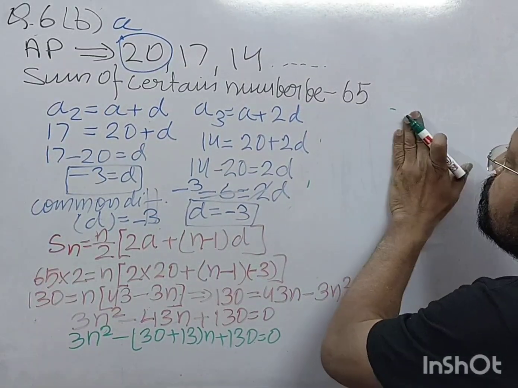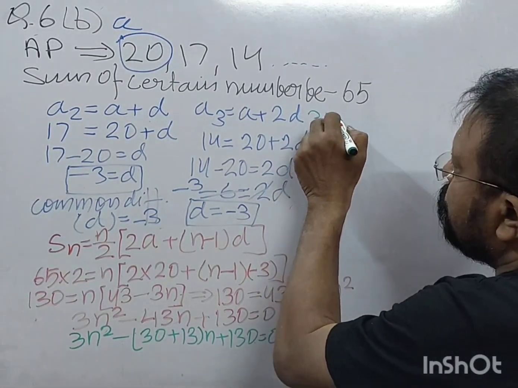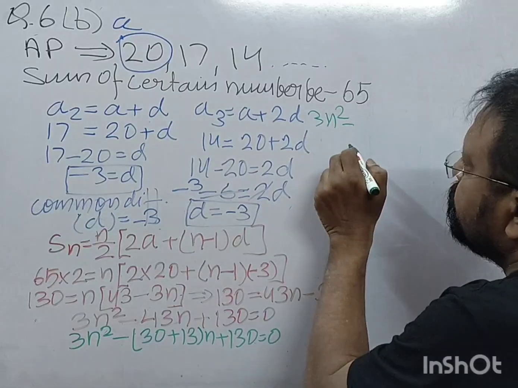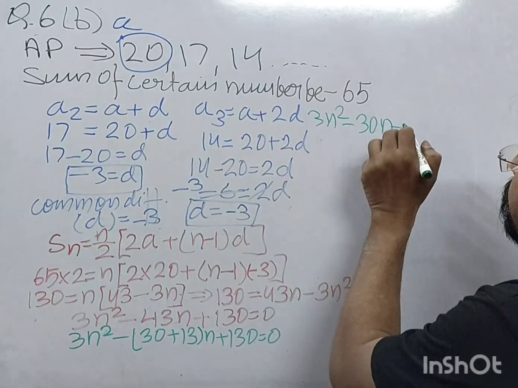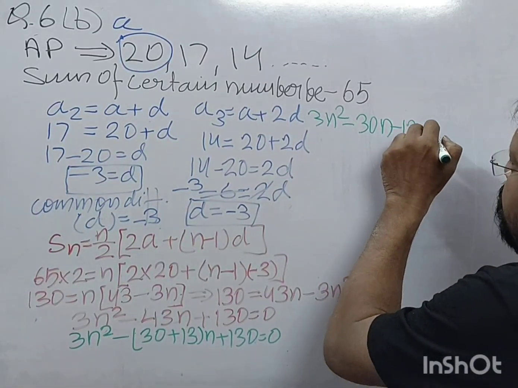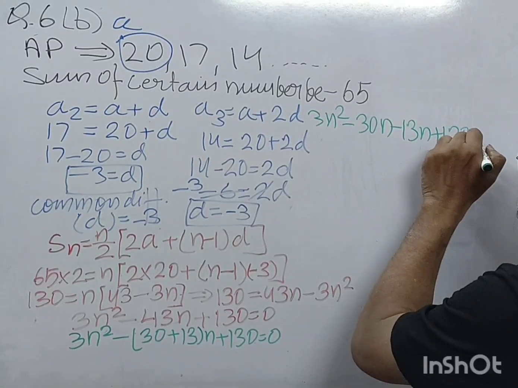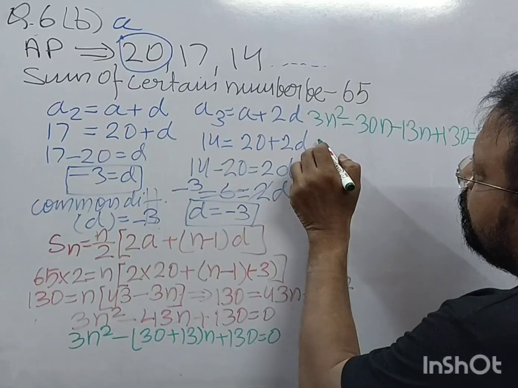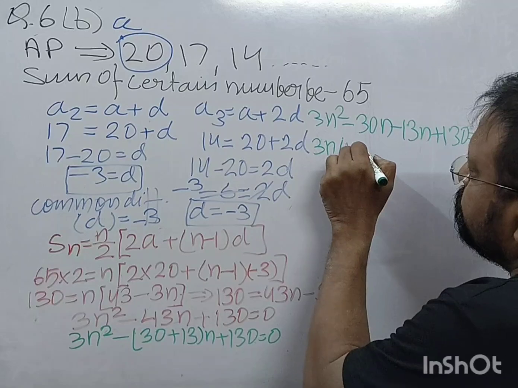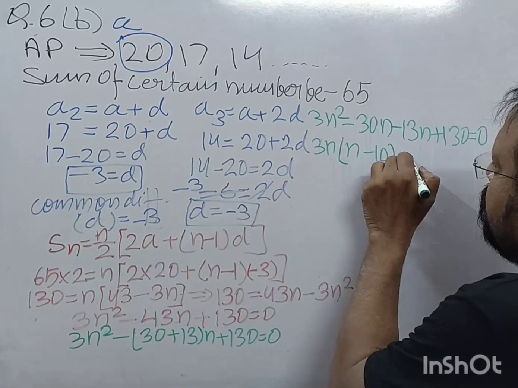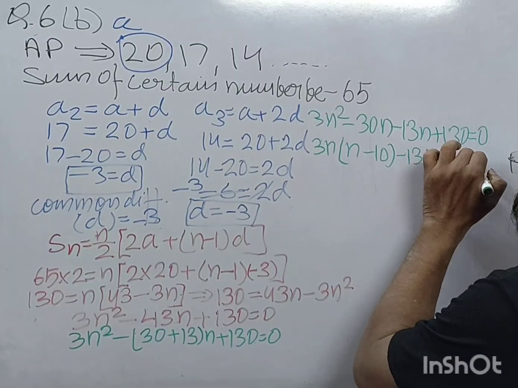Now if I solve here, it becomes 3n square minus 30n minus 13n plus 130 is equal to 0. If you take 3n as a common, it becomes n minus 10, minus 13 as a common, n minus 10 is equal to 0.